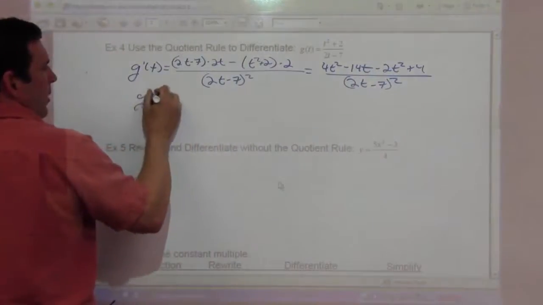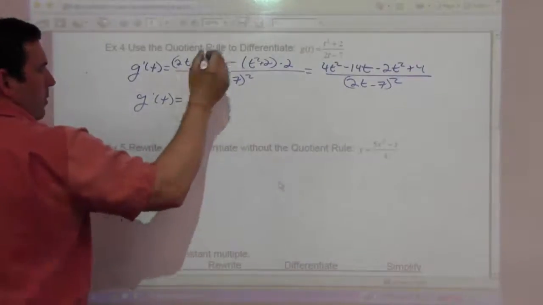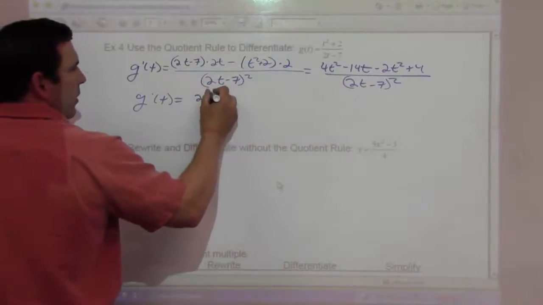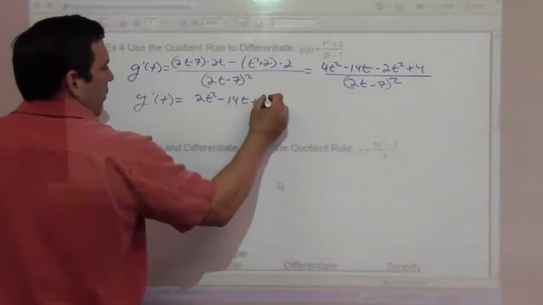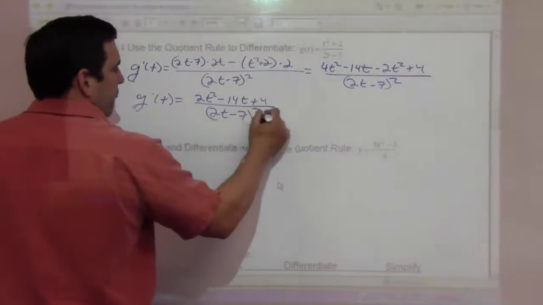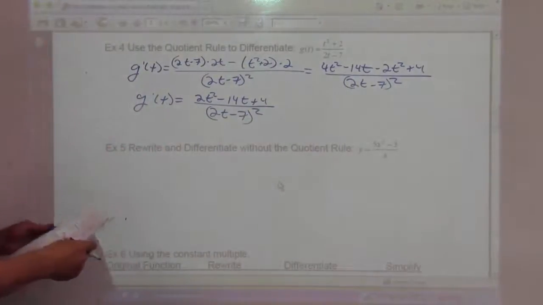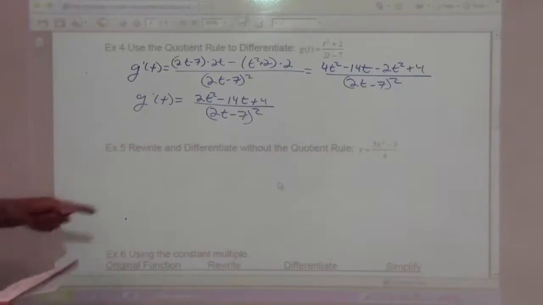And we can clean this up a little bit. 4t squared minus 2t squared is 2t squared minus 14t plus 4 over 2t minus 7 squared. And you can expand this if you want.